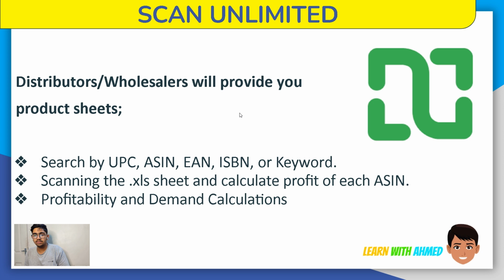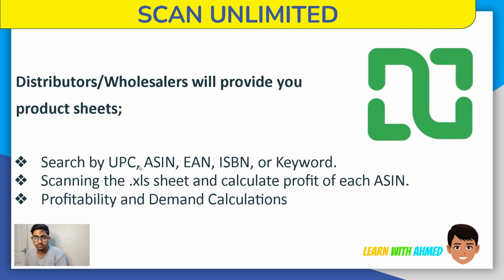If the sheet is of 500, 600 products, then we can manually check them. But if the products are like 1000, we can use this tool named Scan Unlimited. We just have to upload our Excel sheet over there.